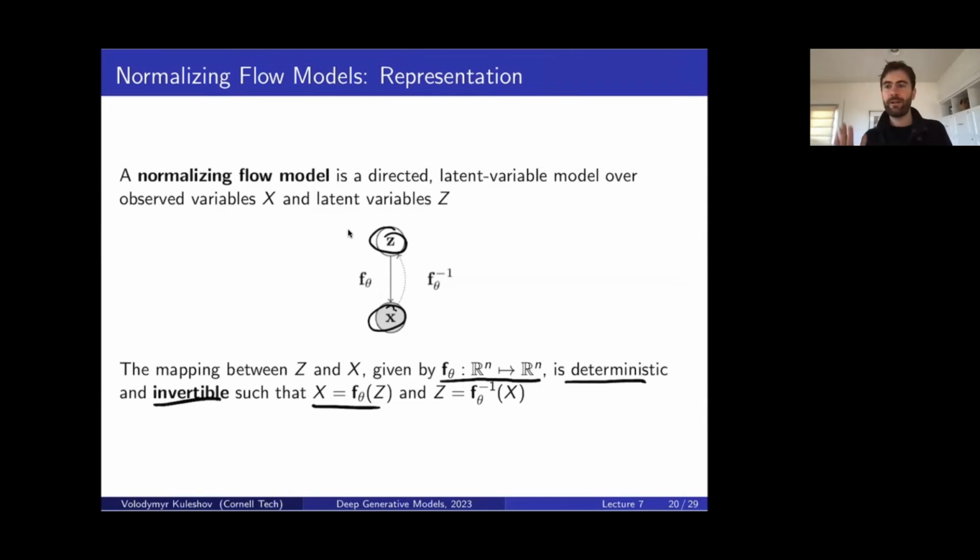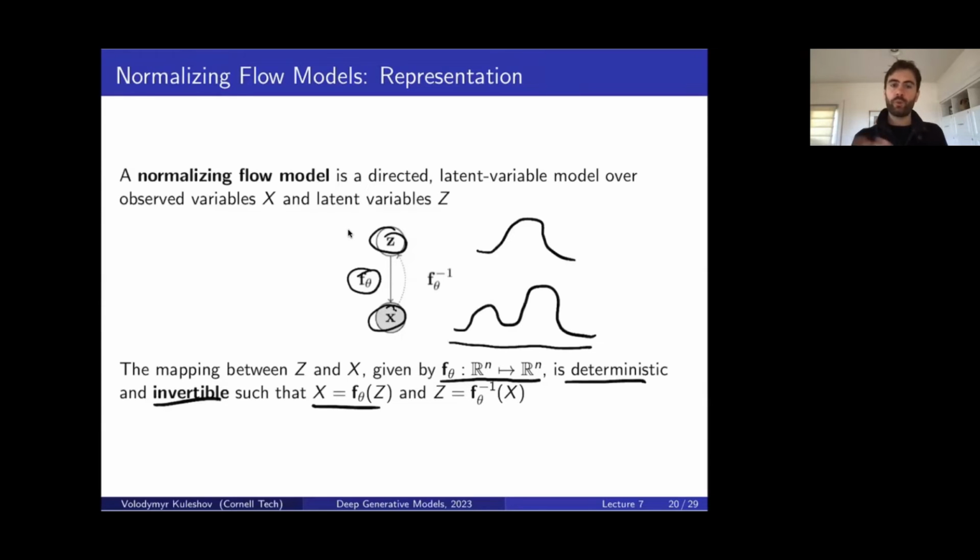If Z is some kind of simple distribution, X could be more complicated, but there is still some distribution over X that is defined by the reallocation of probability mass as specified by F. So this defines a valid probability.